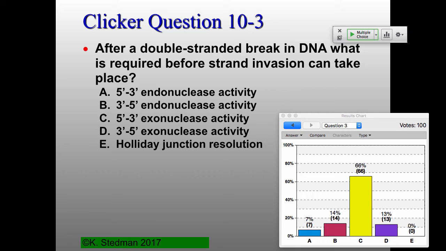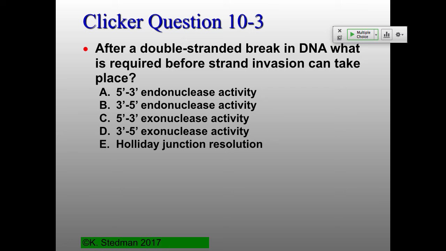That's way after you've had your strand invasion process. So 5' to 3' exonuclease or the 3' to 5' exonuclease. What end do you need? You need a 3' end. So you want to have 5' to 3' exonuclease activity. So 66% of you got it right. Yay! So C is the correct answer.